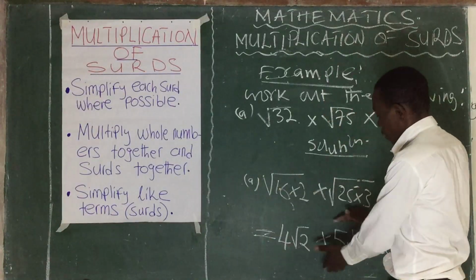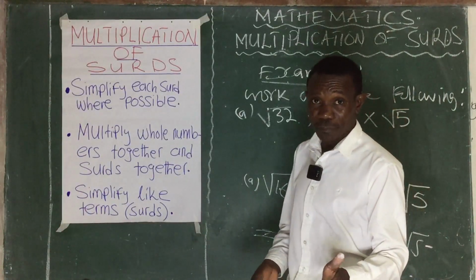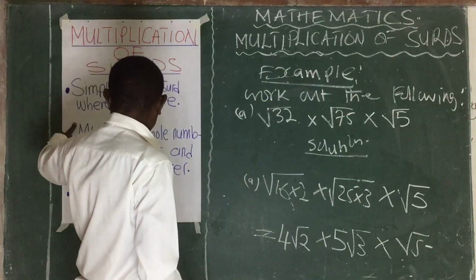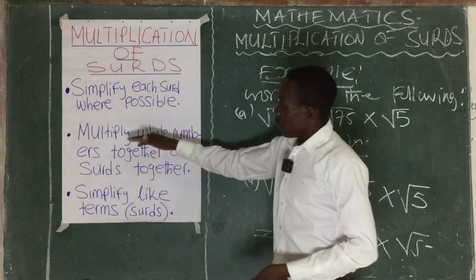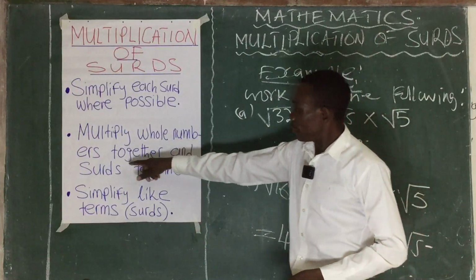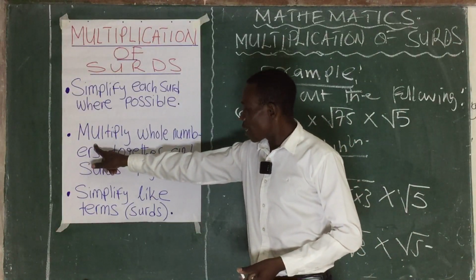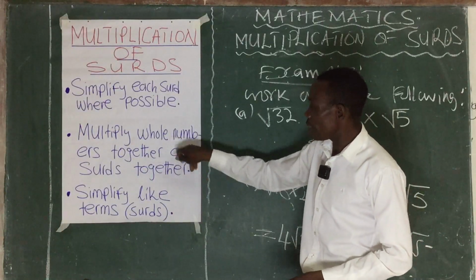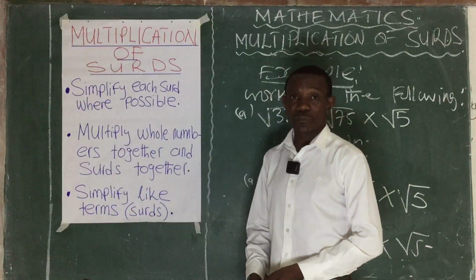Now, having done this, what are we going to do next? The next thing that we do is take step number 2, which guides us to multiply whole numbers together and surds together.